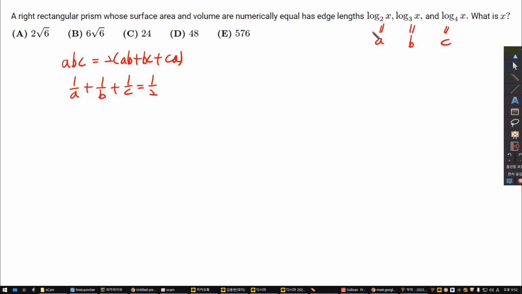So that means if we make the reciprocal, this base, the position, and we switch it, that means 1 over a is log x over 2, other things like this. So in the case of a log, the addition becomes multiplication.